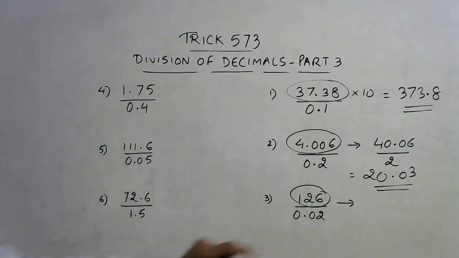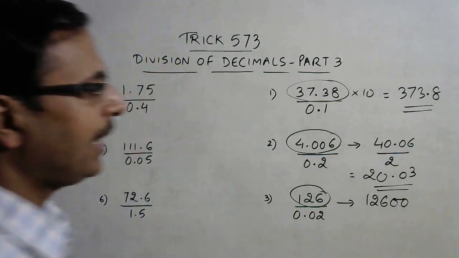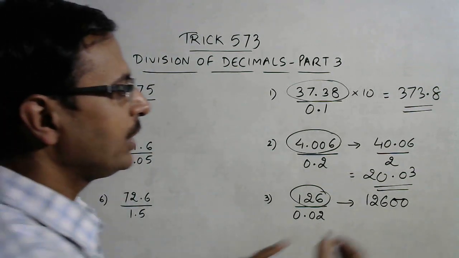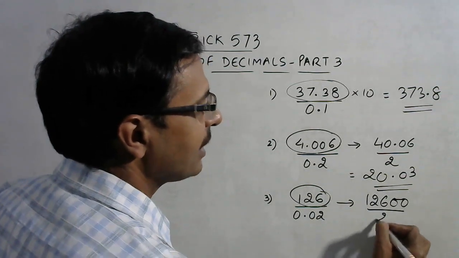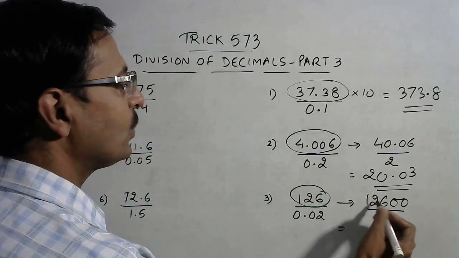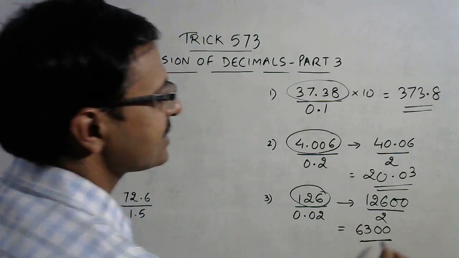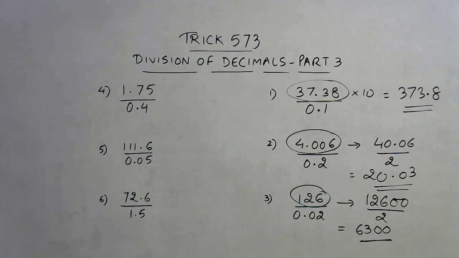So what do we do? We just put two zeros, and now we have a 2 here. So just divide this result by 2. You are going to get your final answer for the question. Half of 126 is 63, and the answer for the question is 6300.